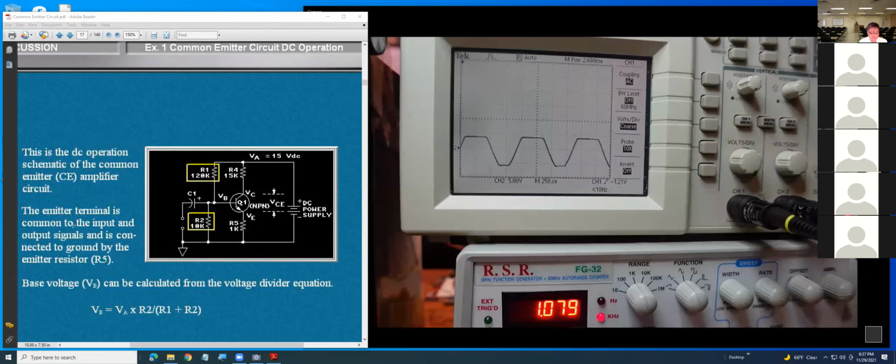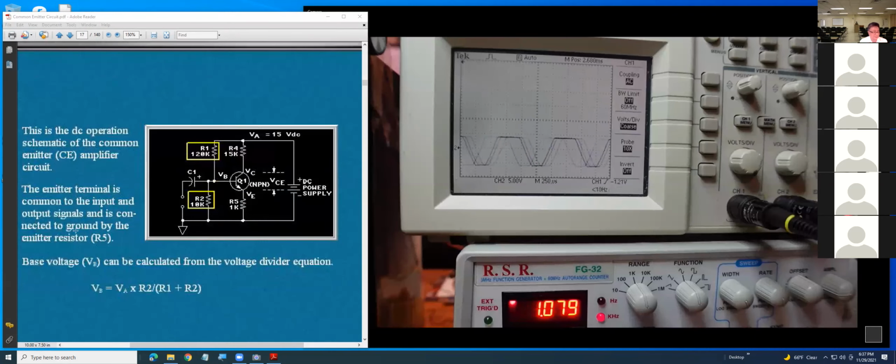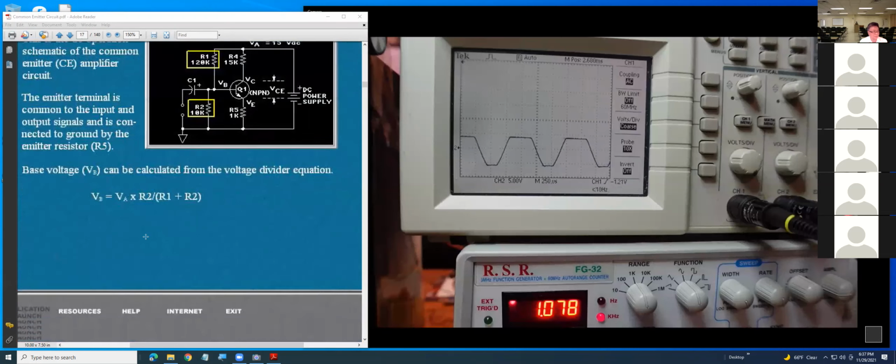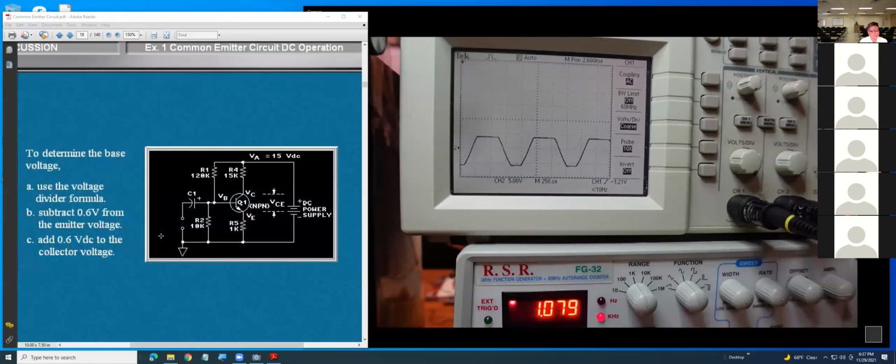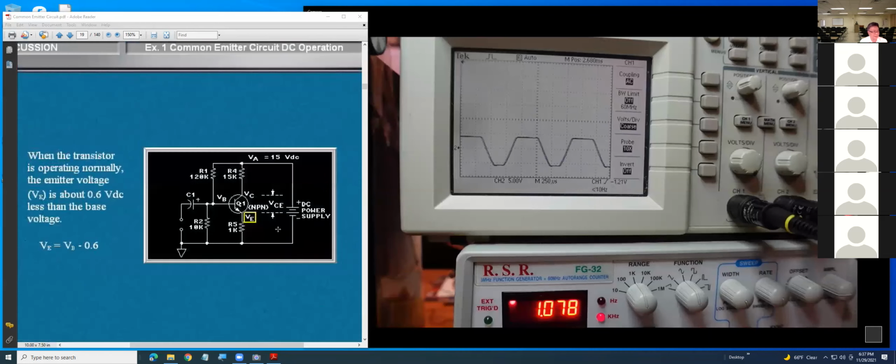You can see that if you read this material in the left vote on the website, they already tell you again how to calculate the VB. Now if you want to calculate the VE, VE equals VB minus 0.6.